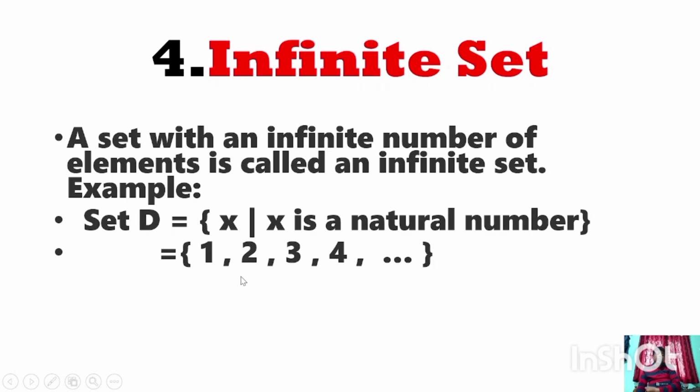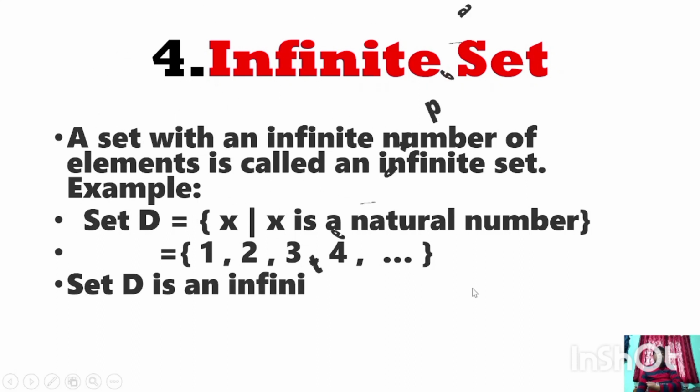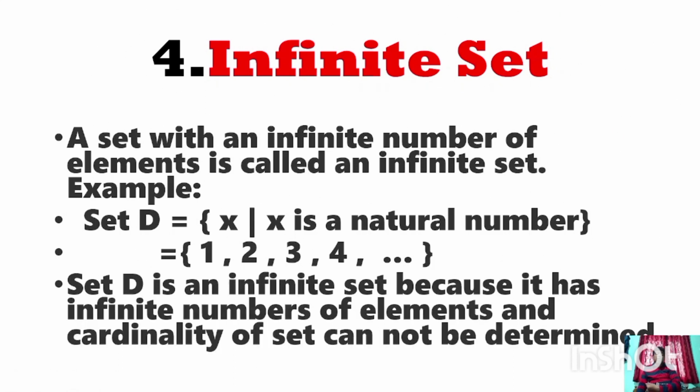What are the natural numbers? If you write in the roster method, you see the elements are 1, 2, 3, 4, etc. So clearly this is an infinite set because you cannot find out how many elements the set has. Because the dot sign shows the set is what? Infinite set. The cardinality of the set cannot be determined. The set D is an infinite set because it has an infinite number of elements and the cardinality of the set cannot be determined. Right?